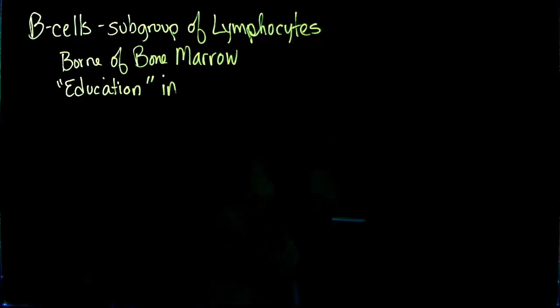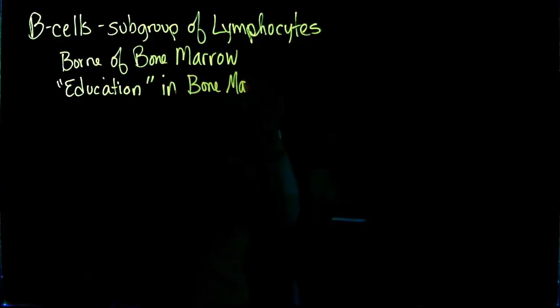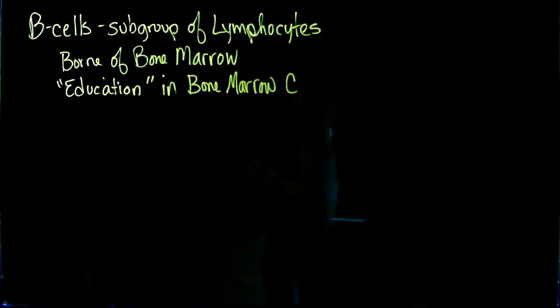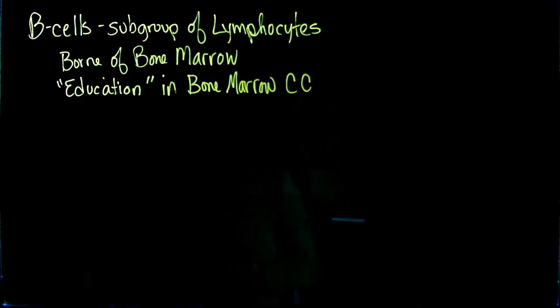B cells are also going to get their education about self versus not self in the bone marrow. And I like to joke that this is called bone marrow community college.